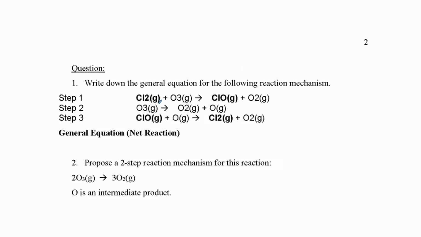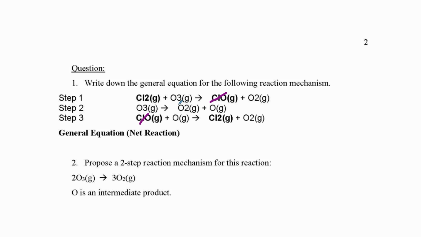So here's another example, and this one involves 3 steps, and it has both intermediates and catalysts. So I'll show you how to tell the difference between the two. So first, we're just going to look and see what appears on both sides in our steps. So right away, we can see this ClO is here, a product, and then later in another step, it's a reactant. So when it's a product first and then a reactant later, that's an intermediate.